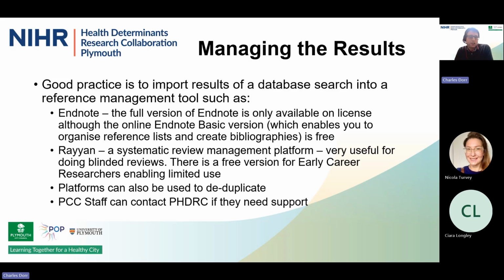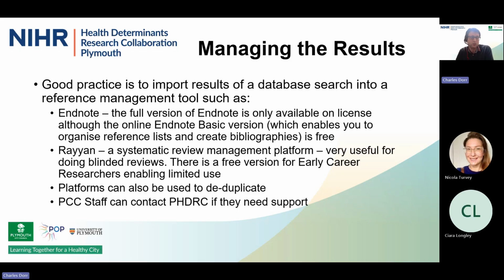Then there's a question about managing the results. There's a number of databases where you can do this. When you've done your search, you'll potentially have hundreds, even thousands of abstracts coming back for you to do a screening review of. And you'll need a platform or a database to actually look through them.